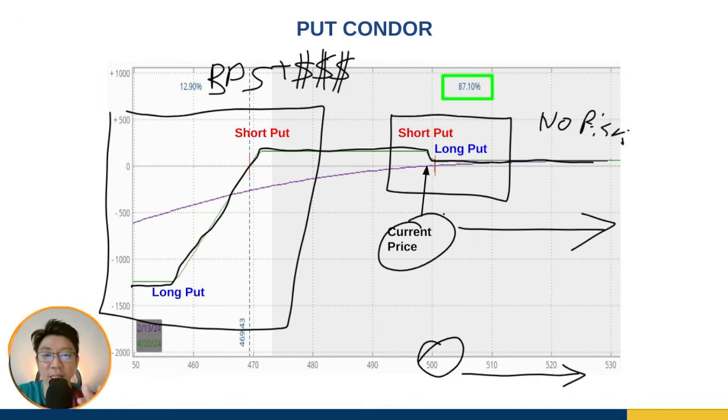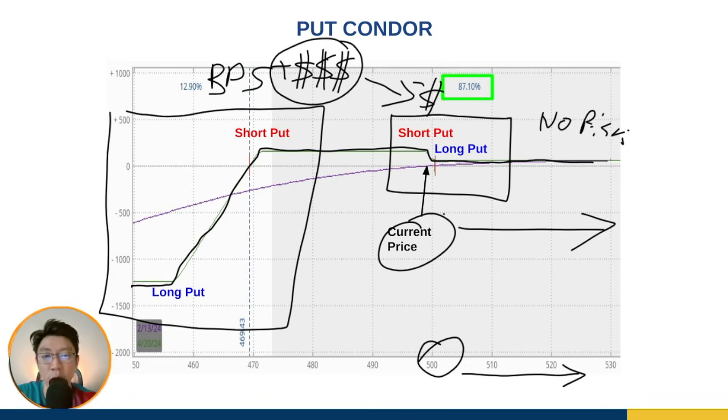So this is slightly different from the iron condor, which many people trade as well. For the iron condor, you have risk to the upside, right? It's a mixture of call options and put options. For this strategy, we're only using the put options. So with the credit that you receive, you need to purchase this put debit spread, this long put spread, and you want the cost to be lesser than whatever credit you receive.